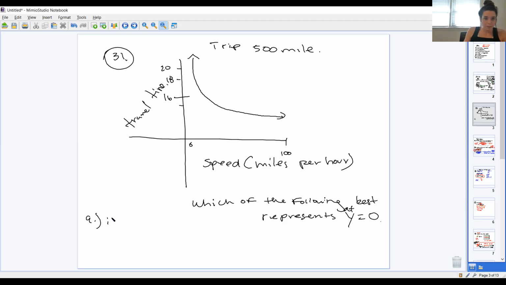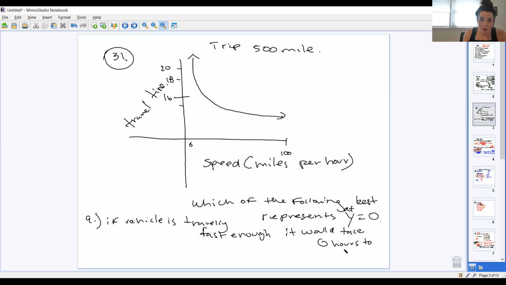So A, if the vehicle is traveling fast enough, it would take 0 hours to travel 500 miles.